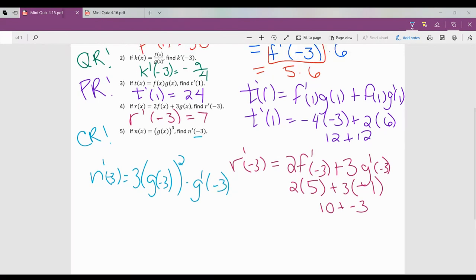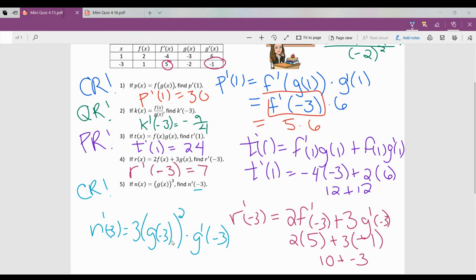All right. Okay, so scrolling on up, I'm going to erase the previous problem circles. So we've got n prime of -3 equals 3 times g of -3. G of -3 is -2 squared times g prime of -3, that's -1.